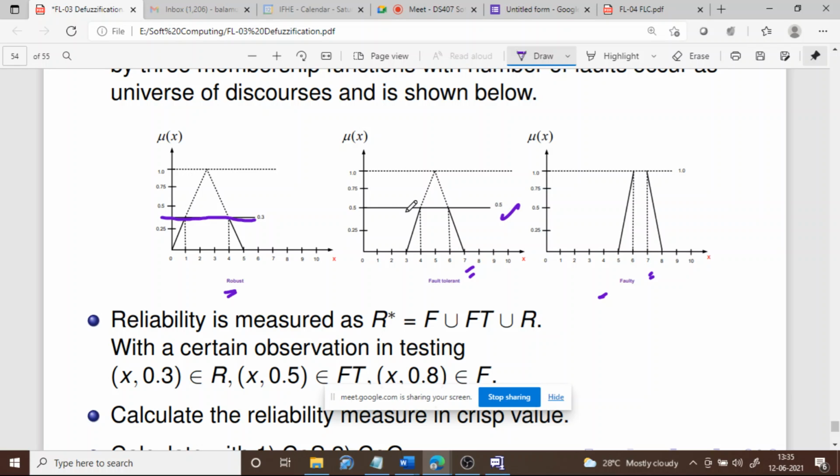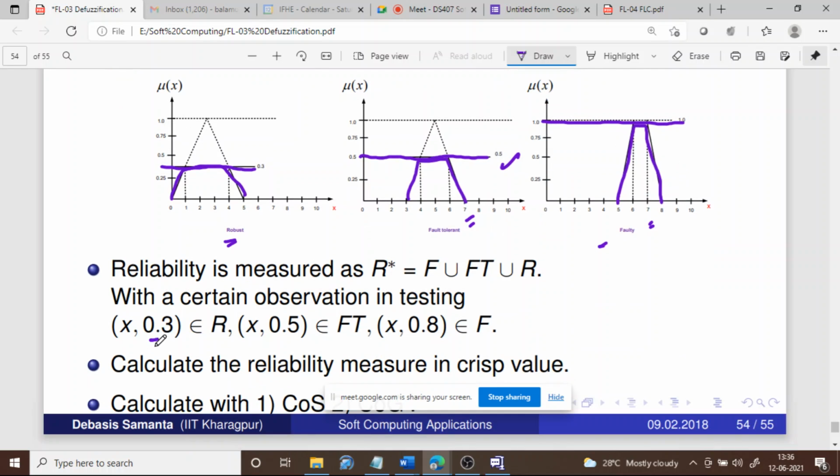Similarly here, you can see a line drawn over 0.5 in fault tolerant and a line drawn over 1.0 in case of faulty. Okay, so the point is, even though the membership function is like this, we are only interested in this region of this membership function, and in this one only this region, and for this one only this region. Okay, so this is the membership function of our interest, because these are the parameters observed which are given, so we are interested only in these areas, right?